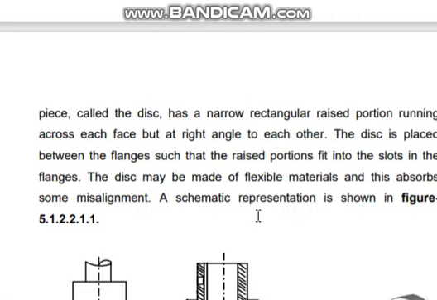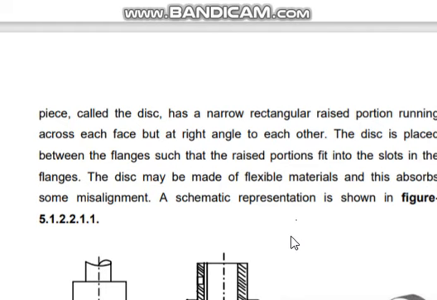A cylindrical piece called a disc has a narrow rectangular raised portion running across each face, but at right angles to each other. The disc is placed between the flanges such that the raised portions fit into the slots in the flanges. The disc may be made of flexible materials, and this absorbs some misalignment.